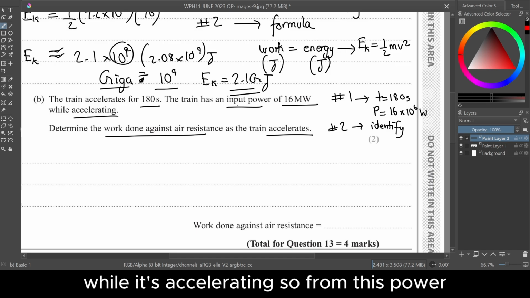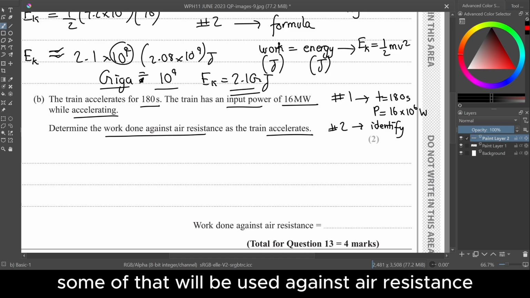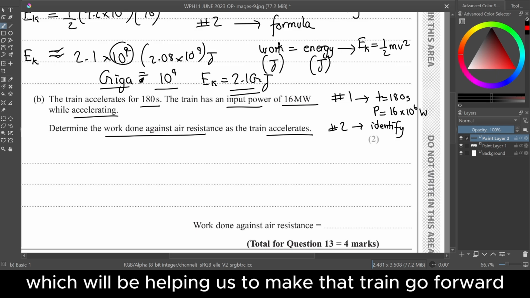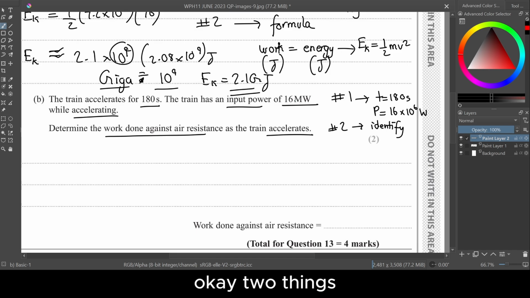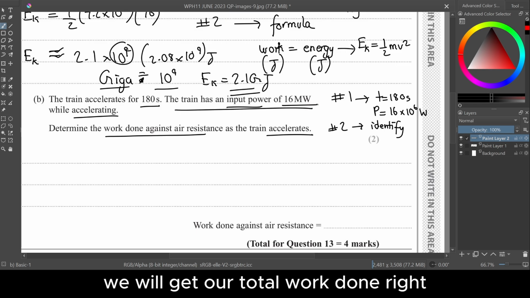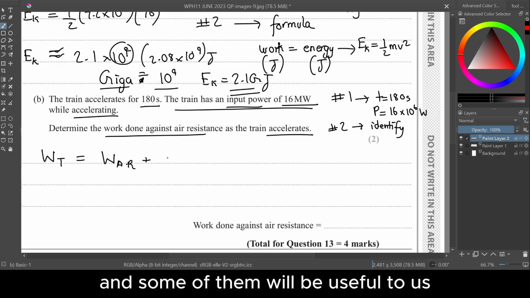So from this total input power, some will be used against air resistance and some will be useful, helping the train go forward. So from this statement we will get our total work done, and from that work done, some will go to air resistance, AR, and some will be useful to us.